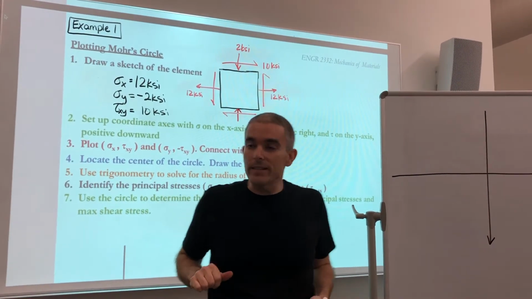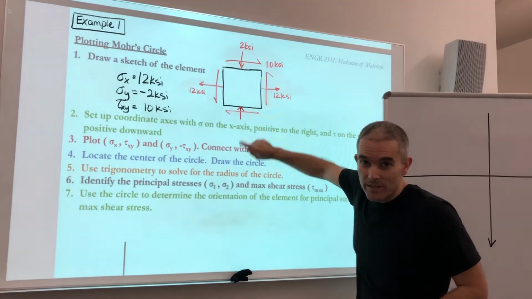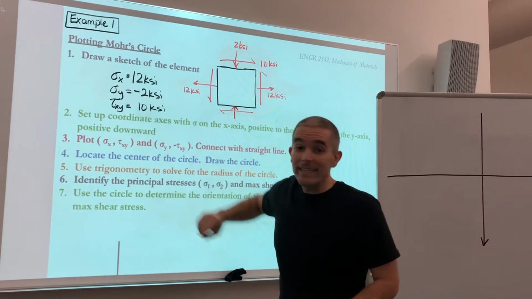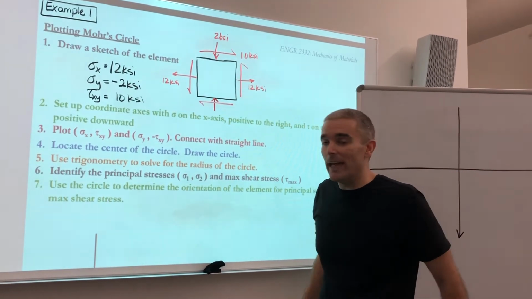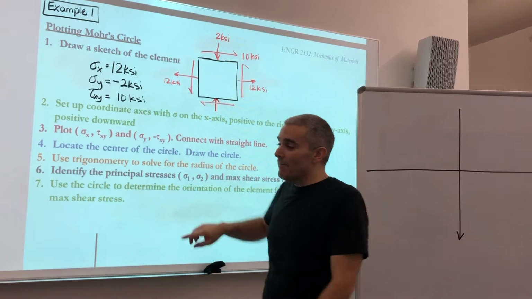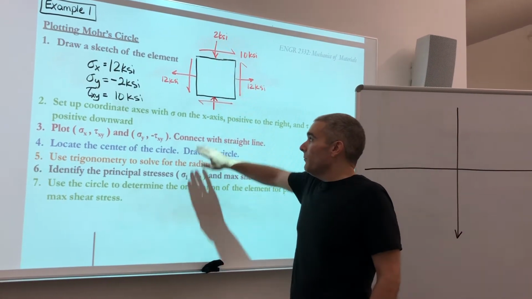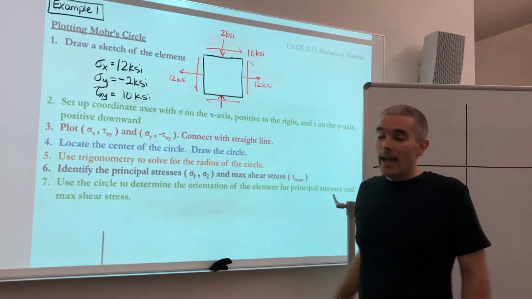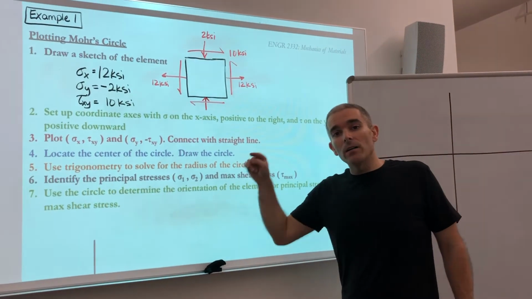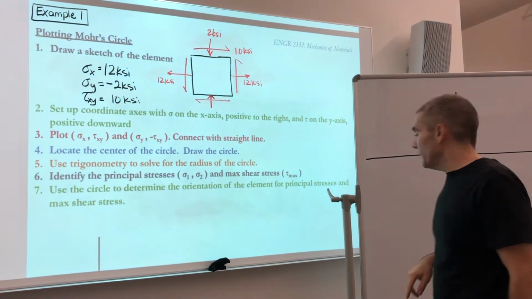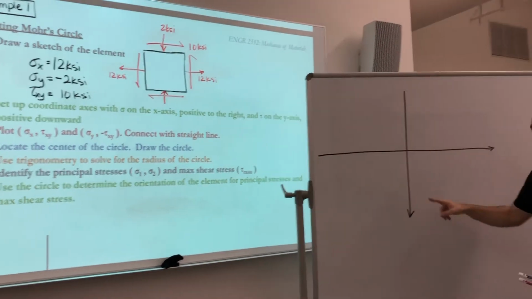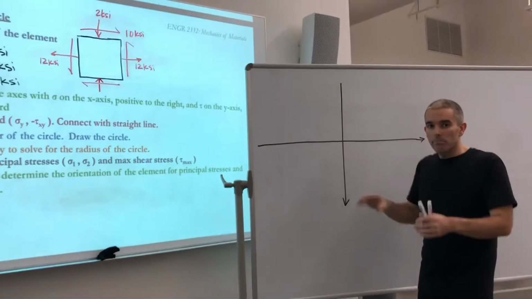Okay, so that's the first step. I drew a sketch of the element and I've identified all the stresses acting on that element. Next, I want to set up a coordinate system with sigma on the x-axis, positive to the right, and tau on the y-axis, positive downward. So I've gone ahead and made this graph area.